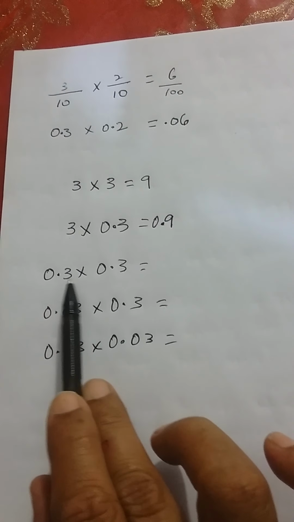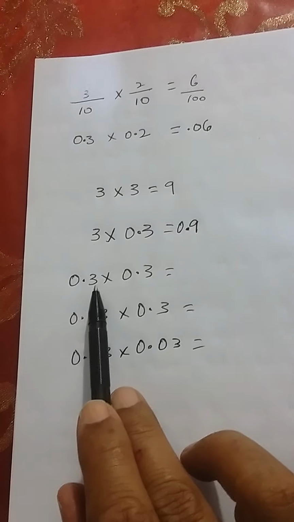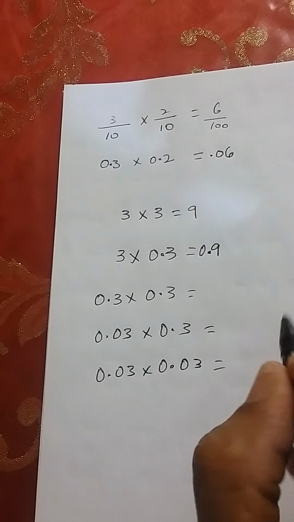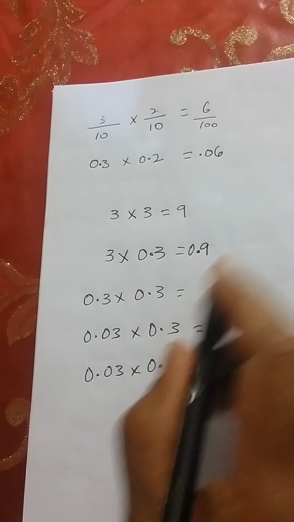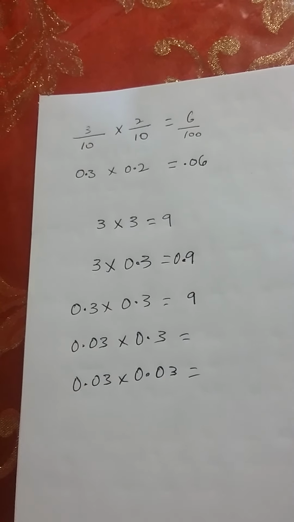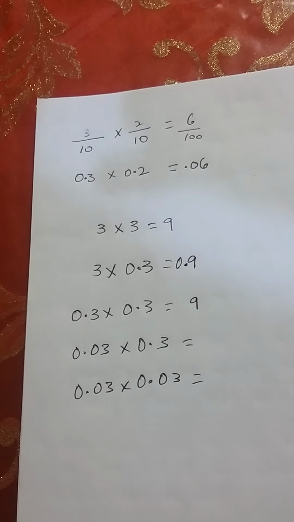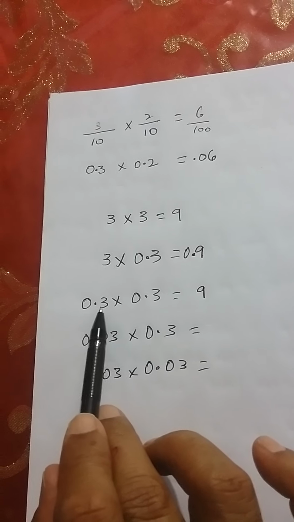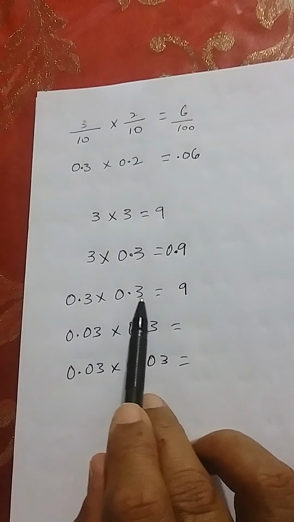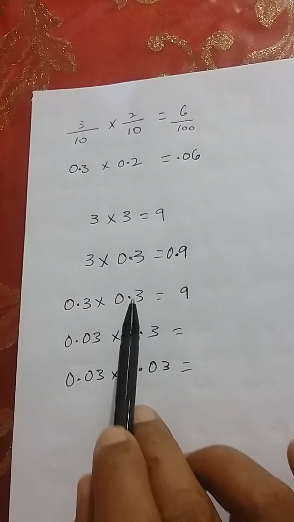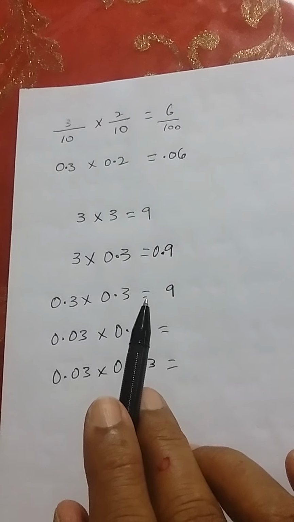Look at this. I'm going to do this question, 0.3 times 0.3. I forget about the point. I just say 3 threes, and I get 9. Now where do I put my decimal point? I have one digit after the point here, and another digit after the point here. So 1 and 1, 2.